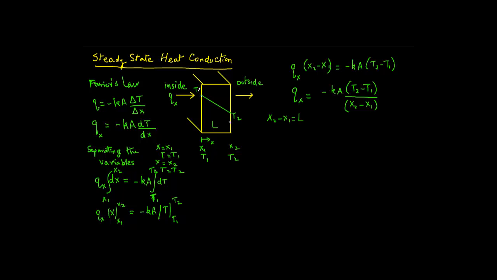So in the numerator then, if we rewrite our equation as qx equals minus kA, we can change the terms in the parentheses. We can say it's T1 minus T2, and that will change the negative sign. We bring the negative sign out of the parentheses, and that will cancel out with the outside negative sign, and we will have a positive value.